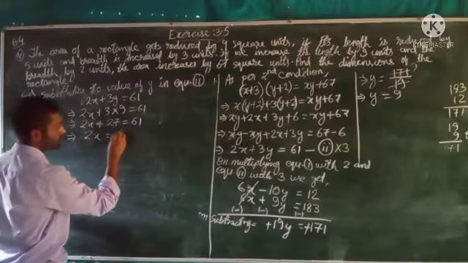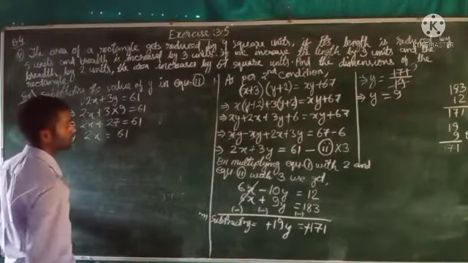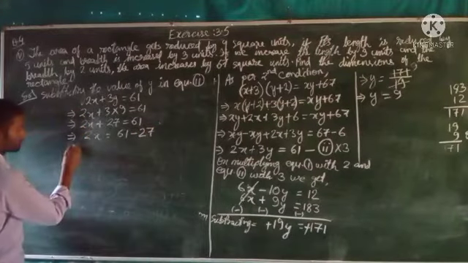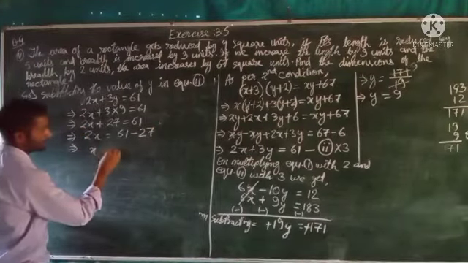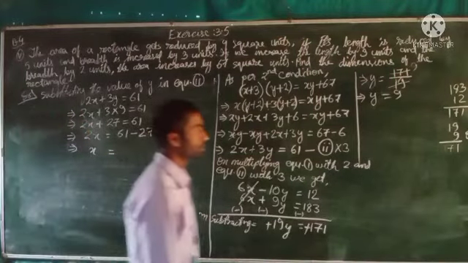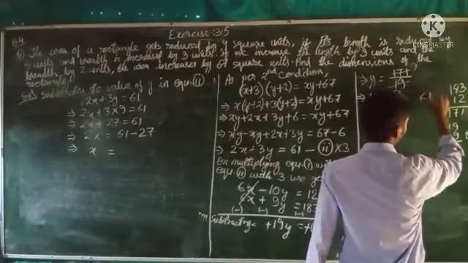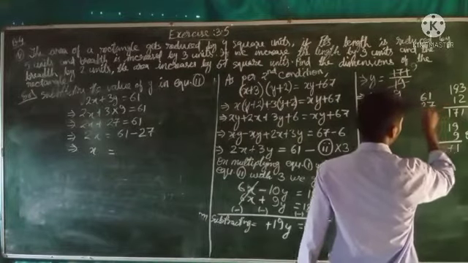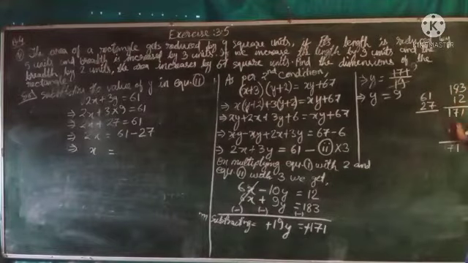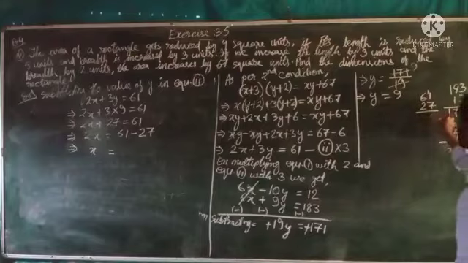2x is equal to 61 plus 27, when we are transferring it will change into minus 27. So now let us subtract them, 61 minus 27. We cannot subtract 1 minus 7, so we will take 1 from here, 11. 11 minus 7, we will get here 4.